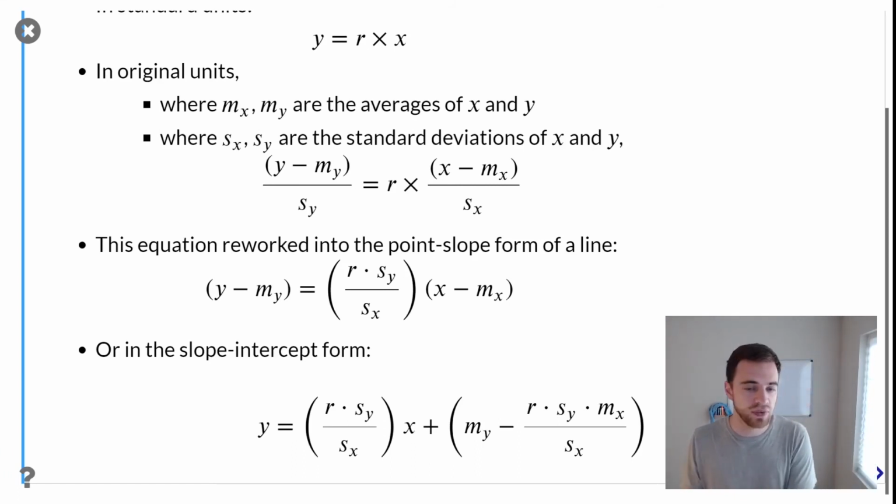If I start in original units, I can either manually convert everything to standard units, multiply by the correlation coefficient, then convert back, or I can use this formula directly. Personally, I like the previous way. It's a lot less for me to remember, although you end up remembering this formula because you see regression a bunch anyway.